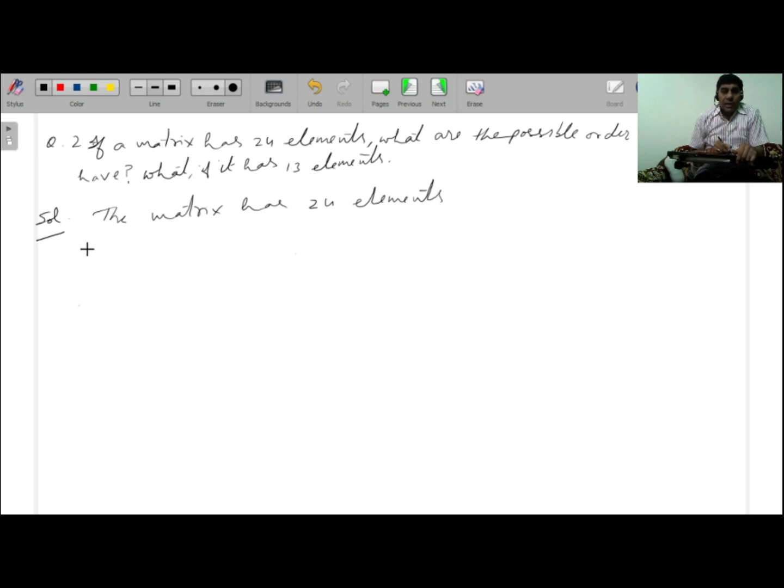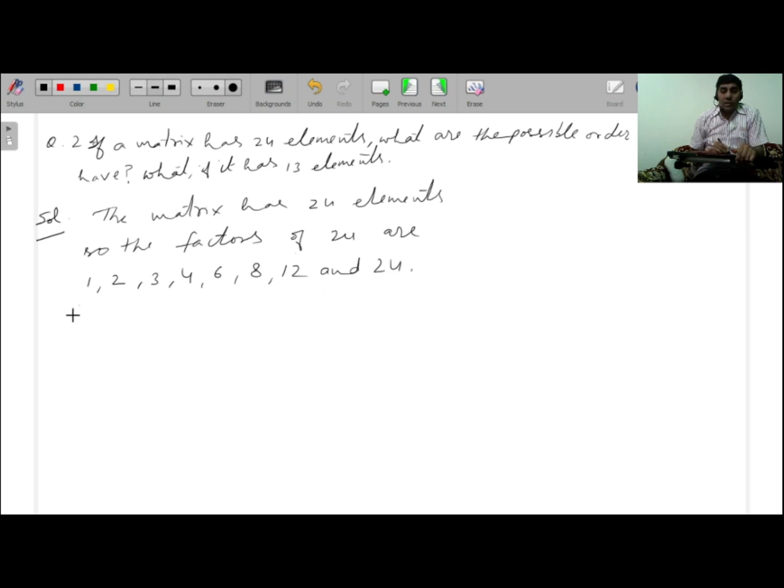So the factors of 24 are 1, 2, 3, 4, 6, 8, 12 and 24 itself. These are the possible factors of 24.